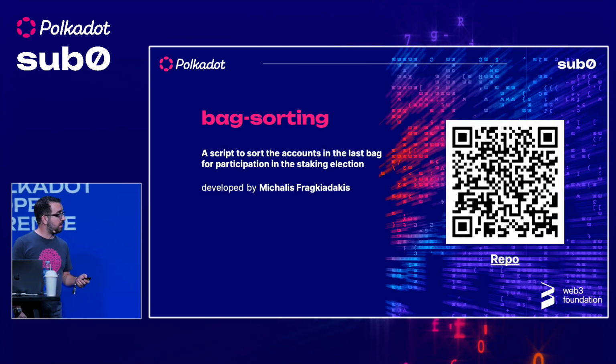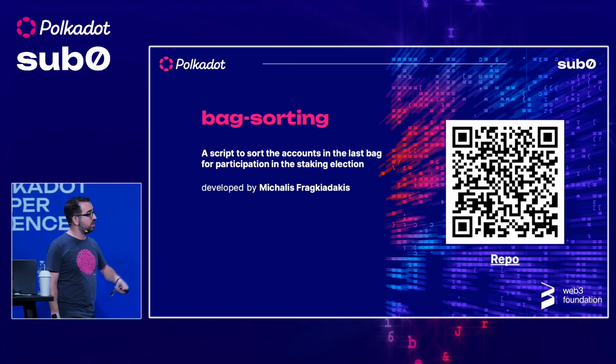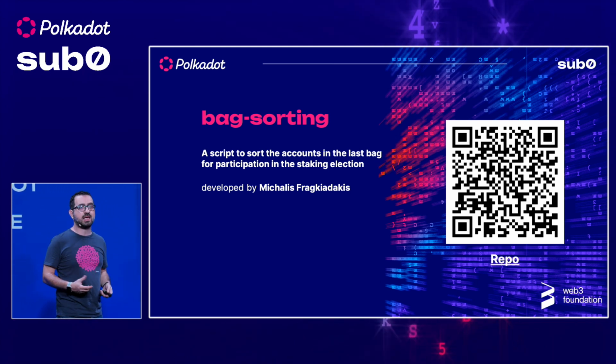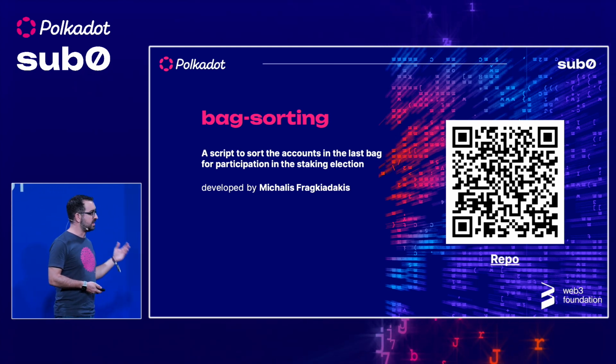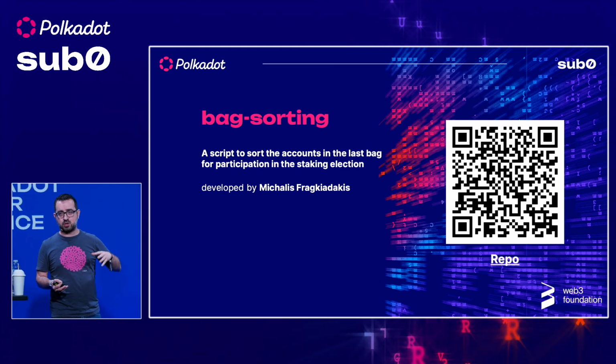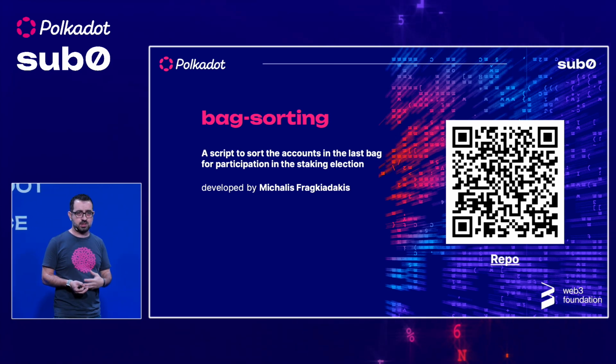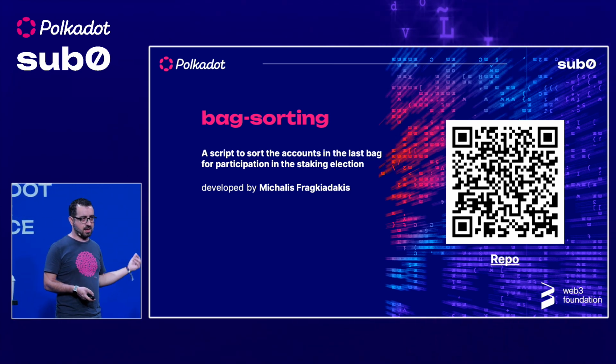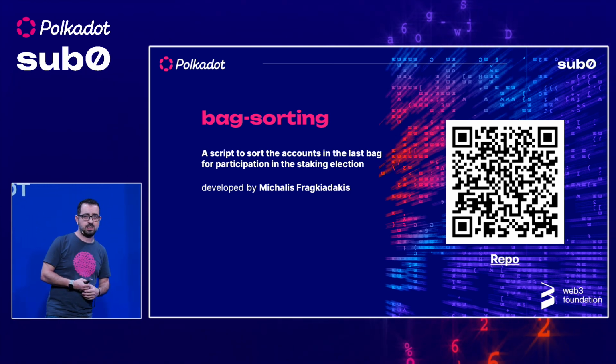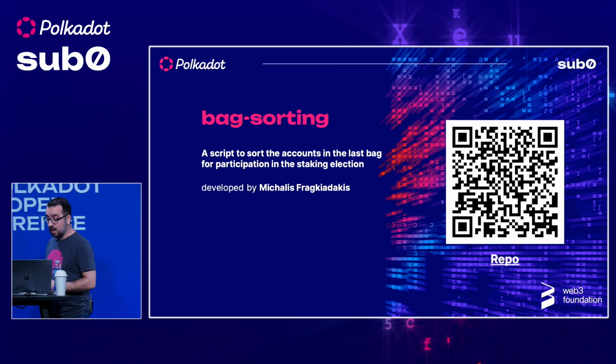And I will show you a somewhat more complicated script that I wrote that aims to sort the accounts in the last bag for the nominated proof of stake election.